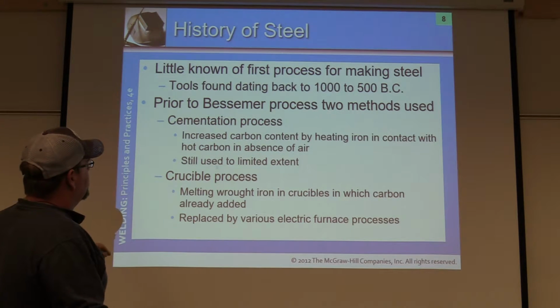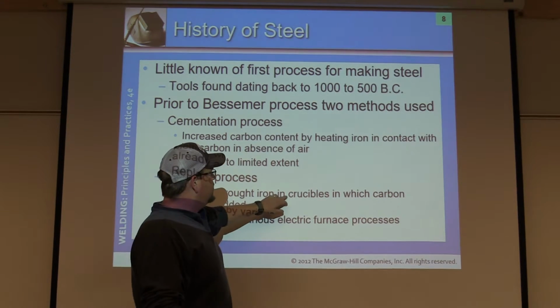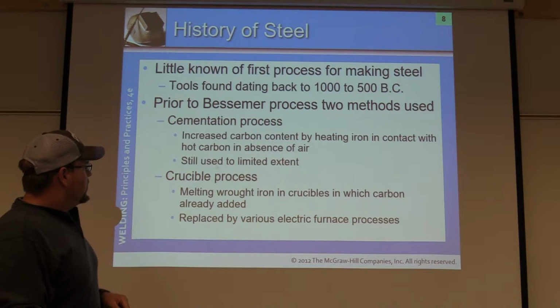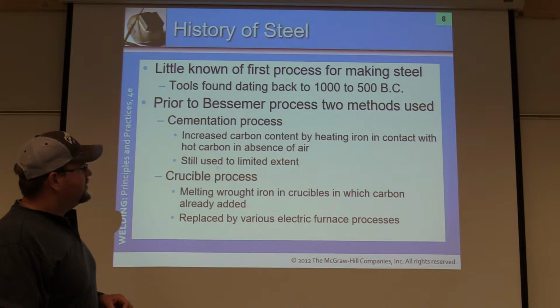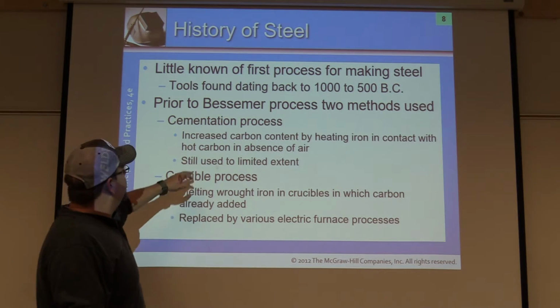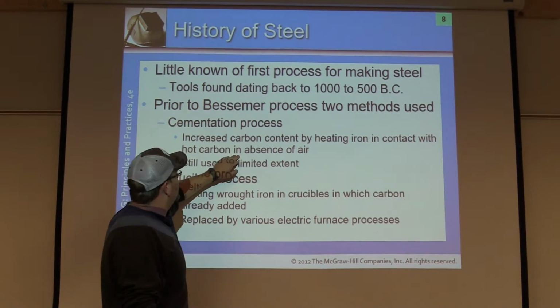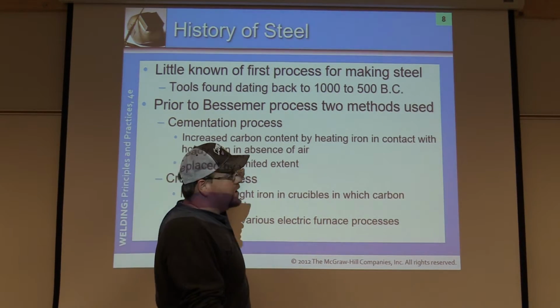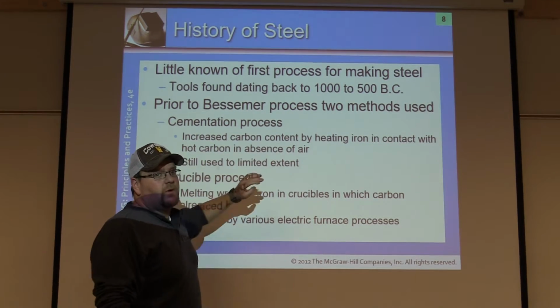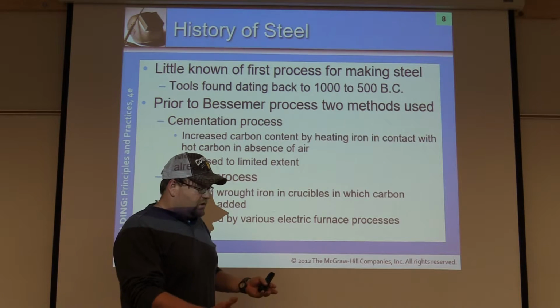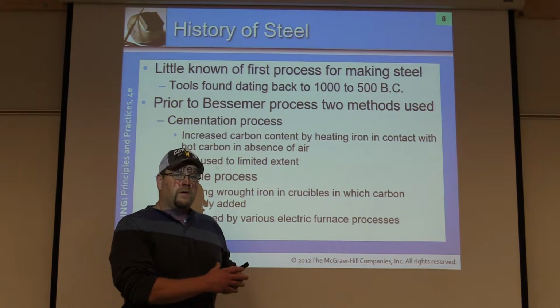The crucible process means melting the iron in crucibles in which carbon is already added, and it's been replaced by various electric furnace processes. So real quick, the first one is increasing carbon content by heating iron in contact with hot carbon in the absence of air. If you watch that Viking sword show, it's very similar to what they're doing; they've got charcoal there.